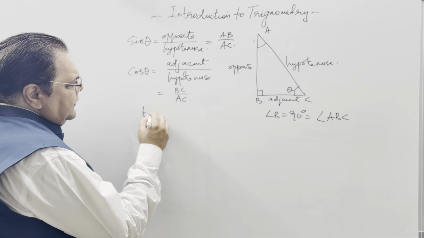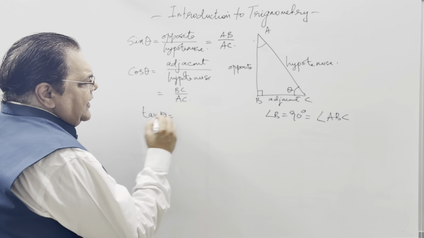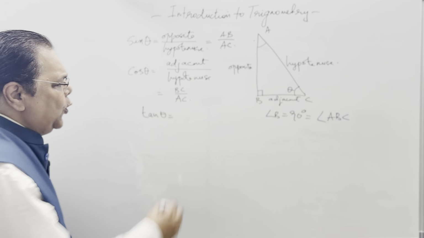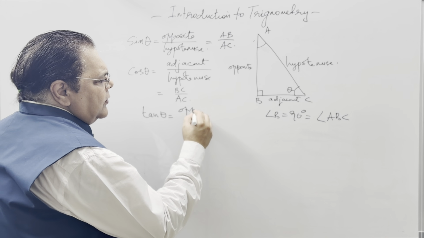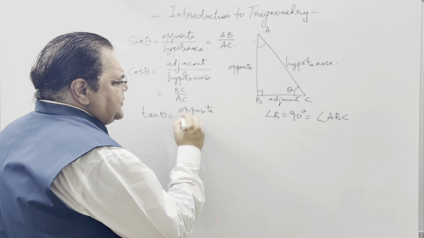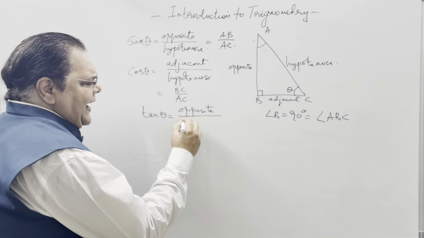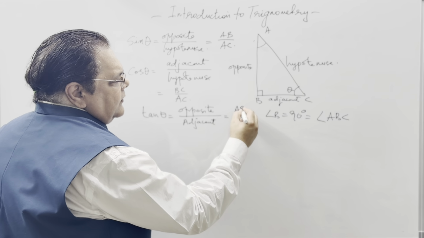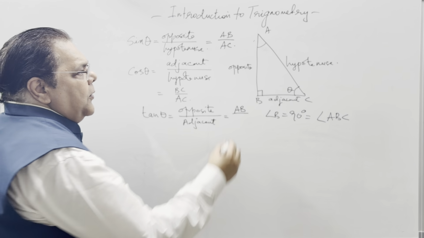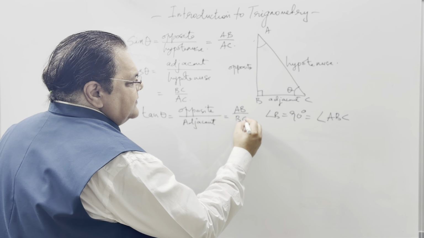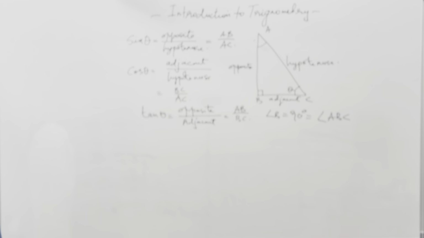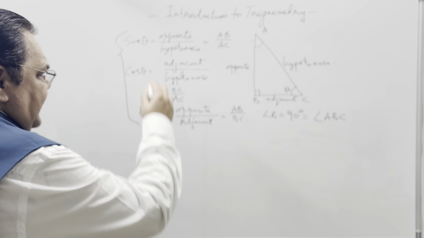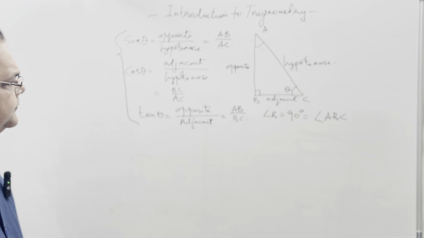Now, tan theta is equal to opposite by adjacent, which is equal to AB by BC. This is very easy to remember.